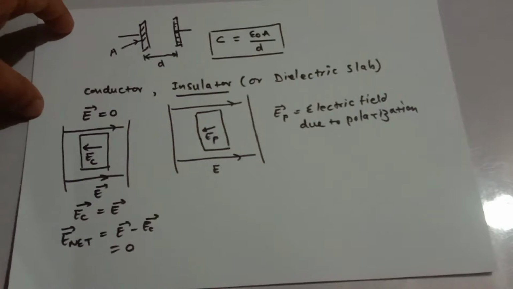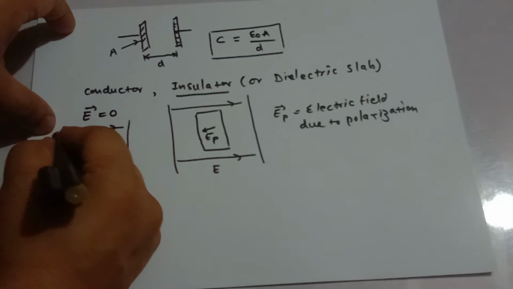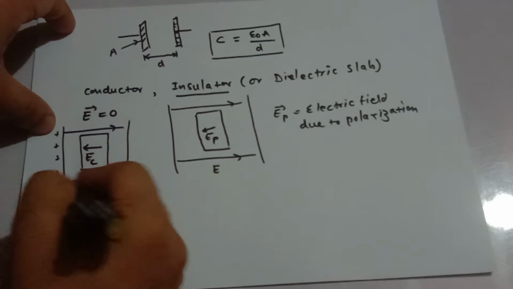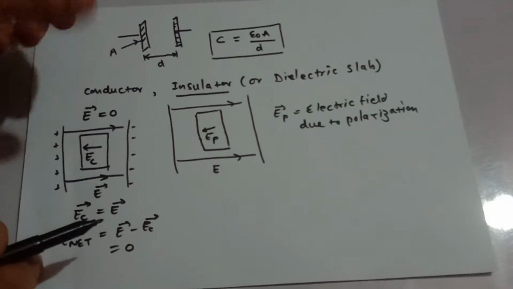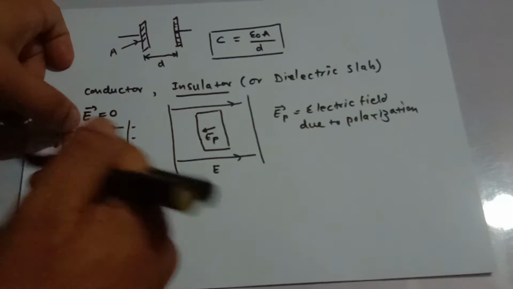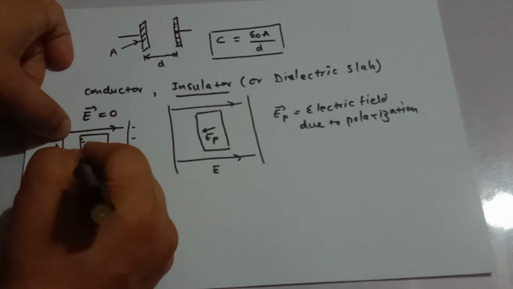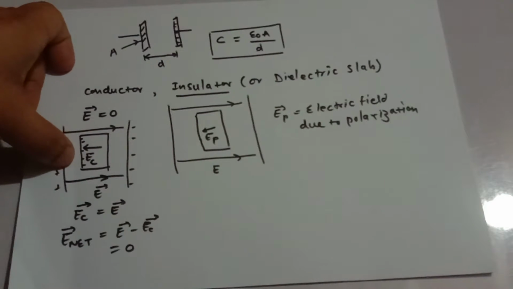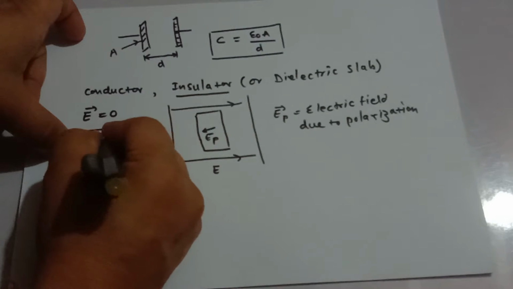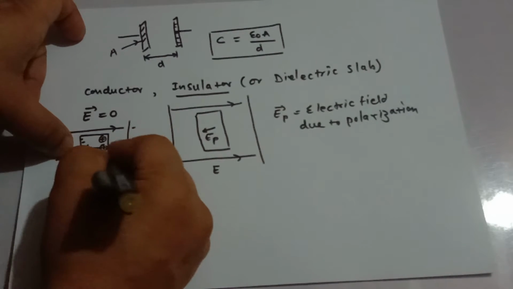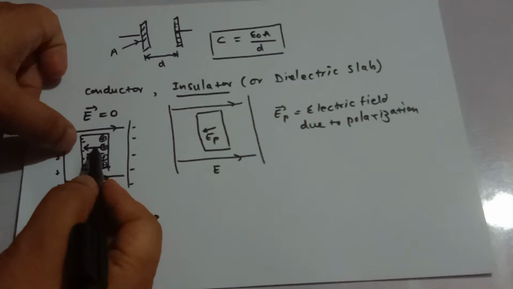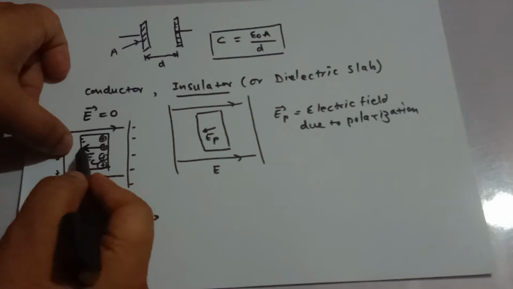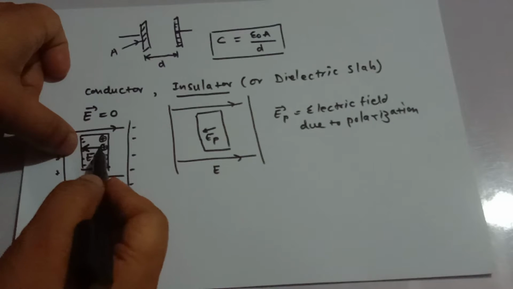But why is it so? Because we know that the electric field goes from positive to negative direction. So when I put a conductor inside an electric field, all the positive and negative charges come to the edges, and an electric field from positive to negative direction inside the conductor would be set.